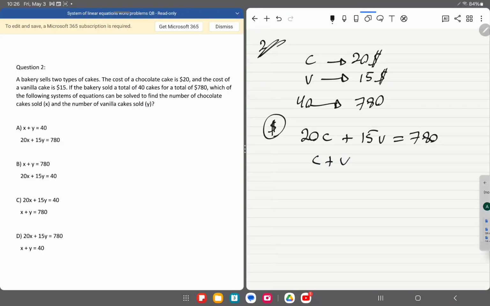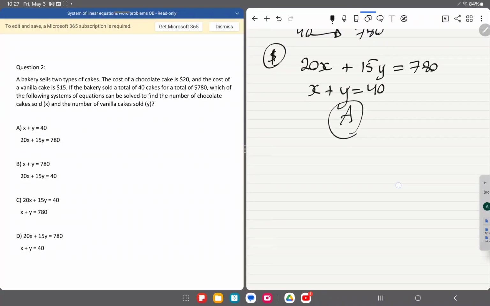And the number of cakes, chocolate and vanilla, is going to be equal to 40. They wanted us to use x for chocolate and y for vanilla. So x plus y is equal to 40, 20x plus 15y is equal to 780. So the correct answer is A.